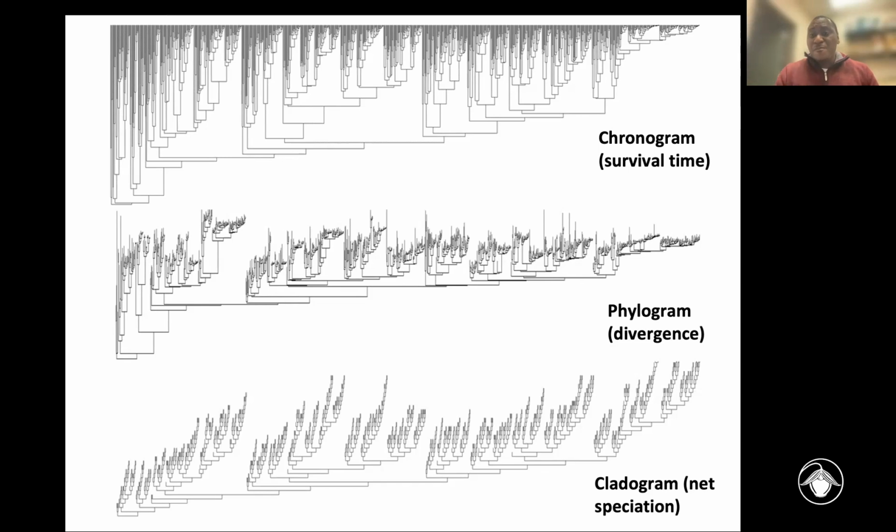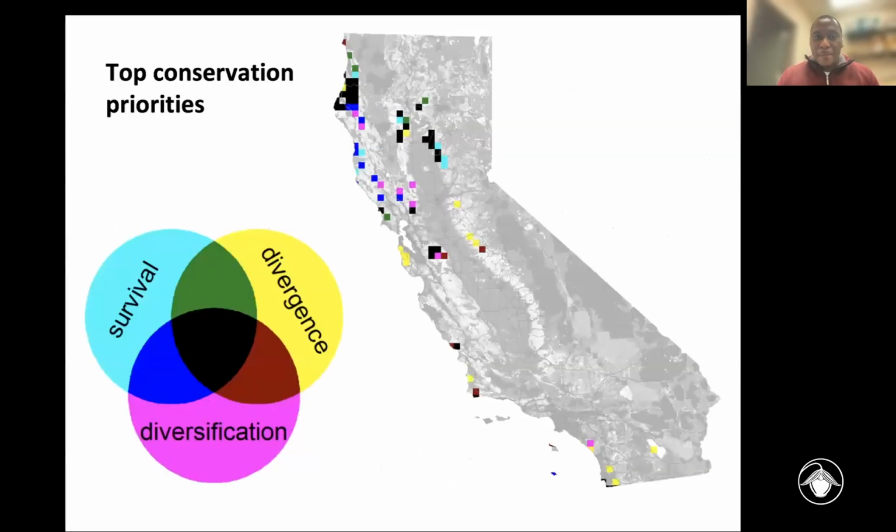And so we want to give priority to those lineages. So these are different questions or different important aspects of biodiversity that we want to protect using different facets, which has already been explained by Brent earlier.